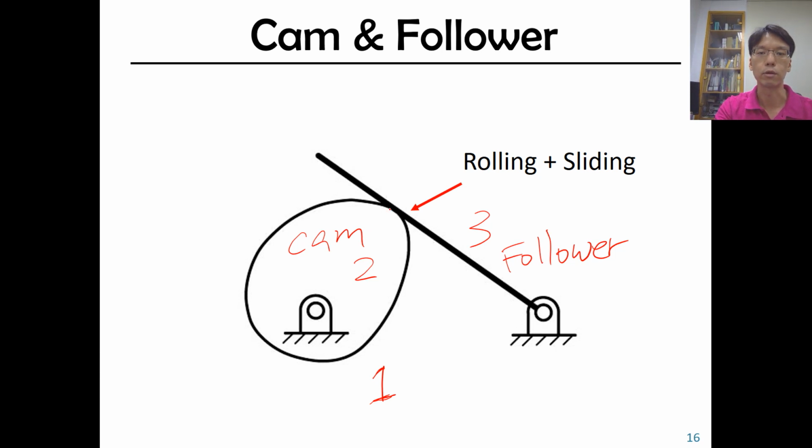The joint is called a cam joint, which is a combination of rolling and sliding. So that means link 2 has relative rolling and sliding motions on bar 3. And of course, between link 1 and link 2, there's an R joint. Link 1 and link 3, there's an R joint here.